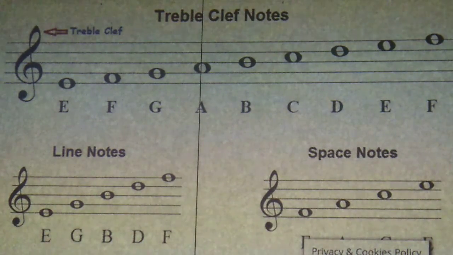In future lessons, we will go over something called ledger lines, which extend the staff in either direction, either higher or lower. We will also cover the next clef, which is bass clef. Bass clef will cover the notes to the left, lower of middle C on the piano. So the notes like from here all the way down.